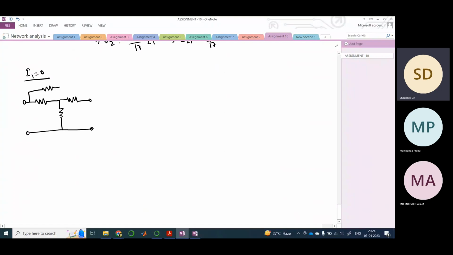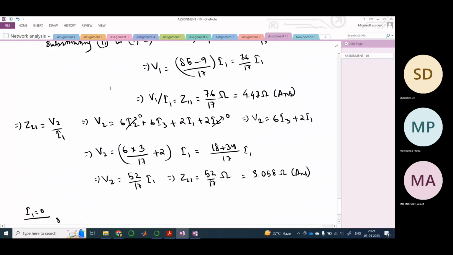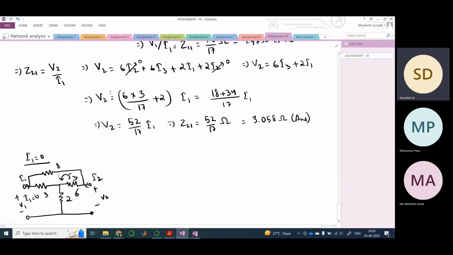So this is the circuit. This is 2, this is 6, this is 3, this is 8. So here I1 is 0. This is plus V1, V2, I2, and let us consider this in the opposite direction.